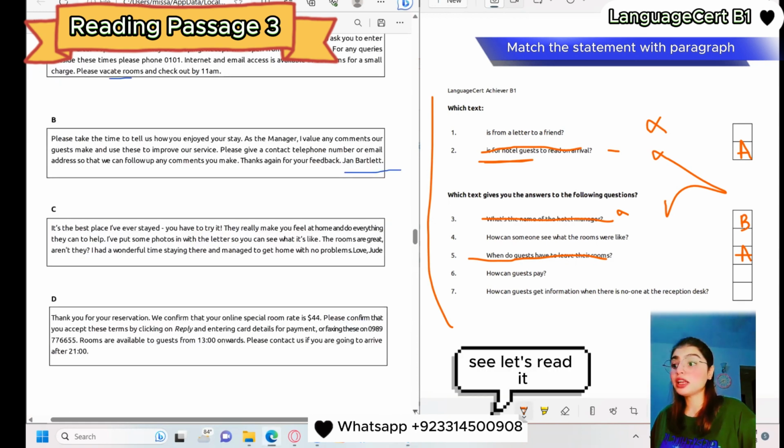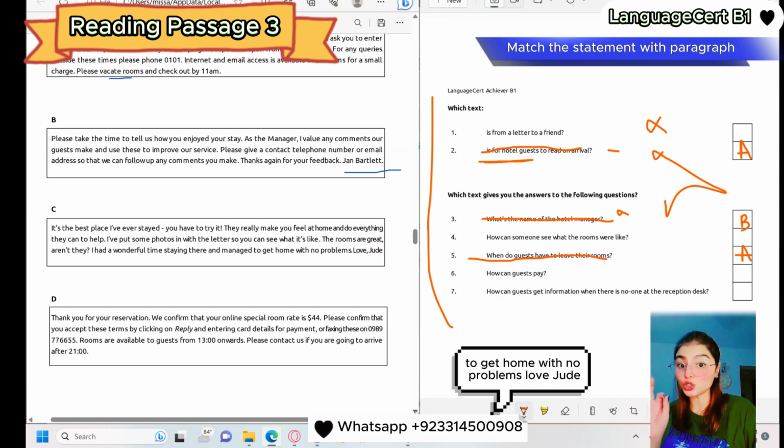C, let's read it. "It's the best place I've ever stayed. You have to try it. They really make you feel at home and do everything they can to help. I've put some photos in with the letter so you can see what it's like, how it looks. The rooms are great, aren't they? I had a wonderful time staying there and managed to get home with no problems.